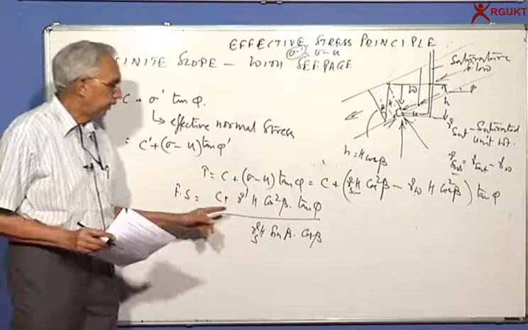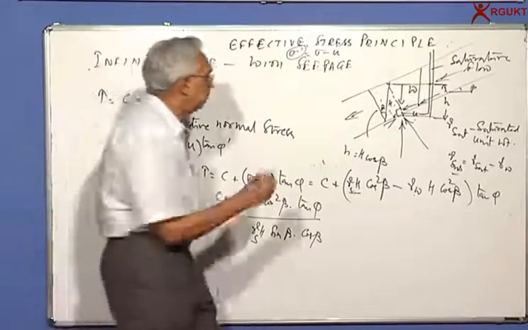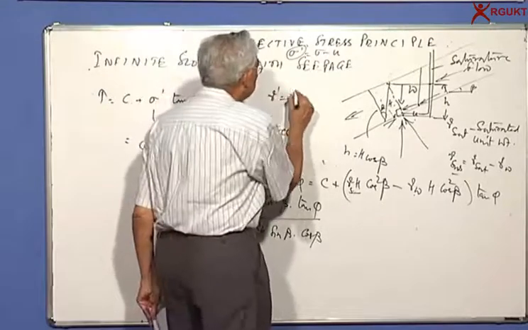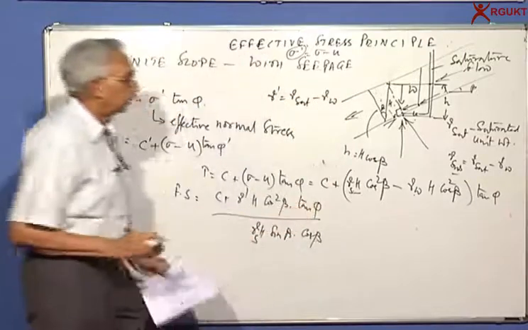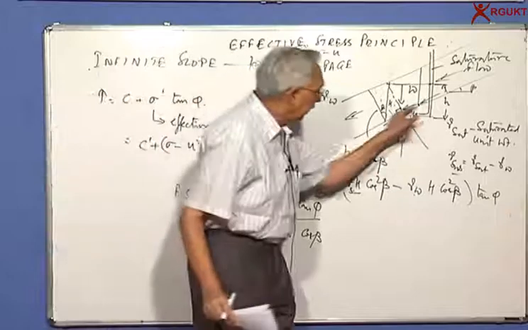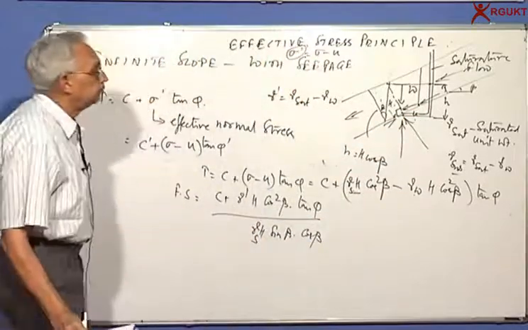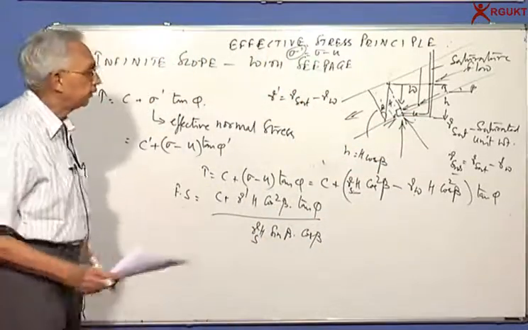Please remember, here we are talking of gamma prime as the submerged unit weight, gamma saturated minus gamma w. I take the cos squared because the length of the slice BC is again h by cos beta.